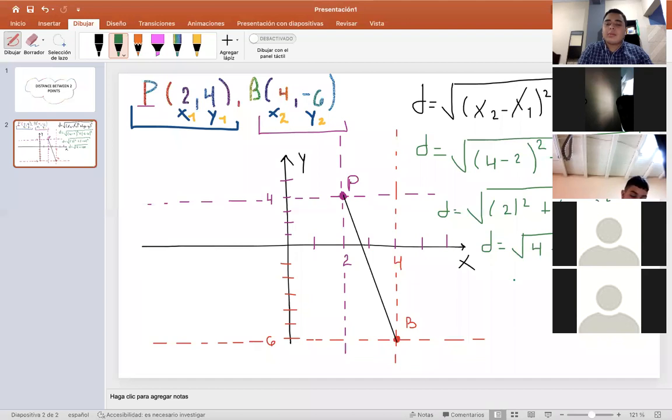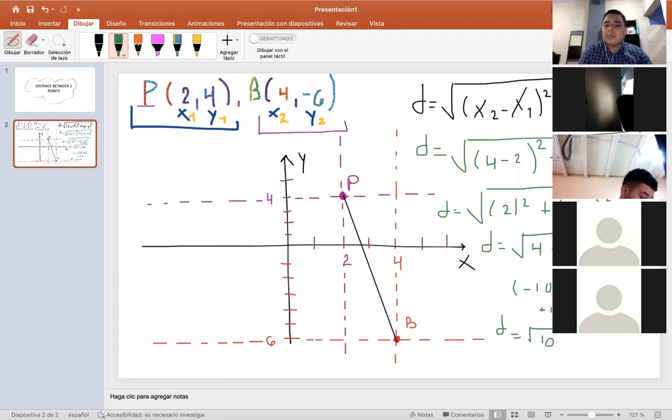Remember that -10 squared is the same as -10 times -10, so we have -10 twice. Negative times negative is positive, and 10 times 10 is 100. So that's why it's 100 positive. Now, 100 plus 4 is going to be 104.